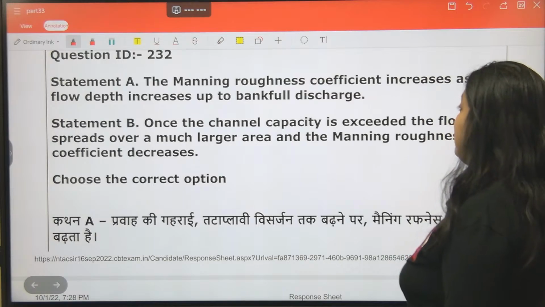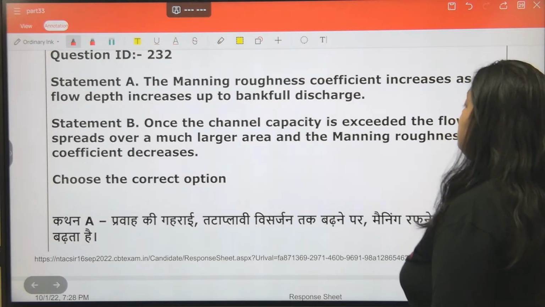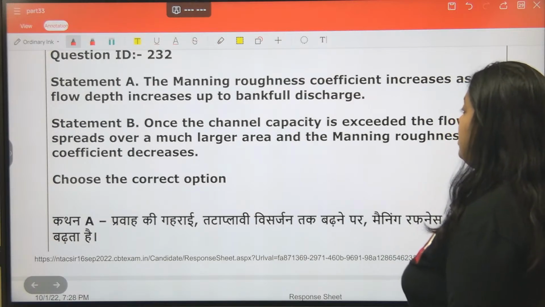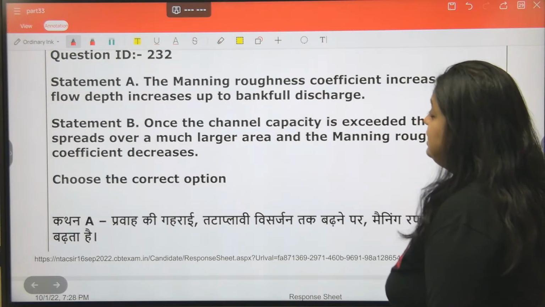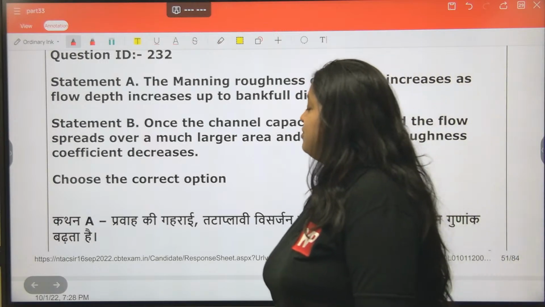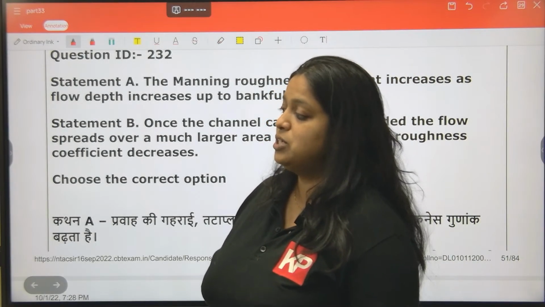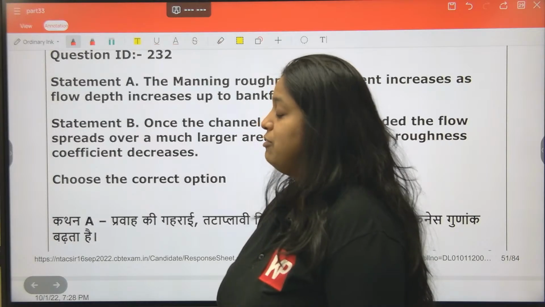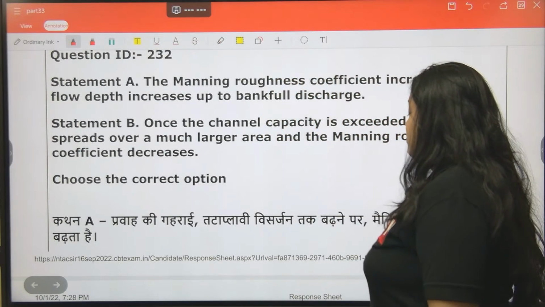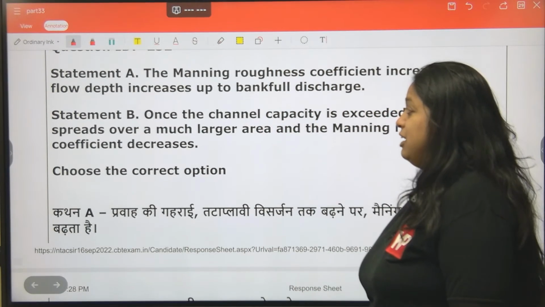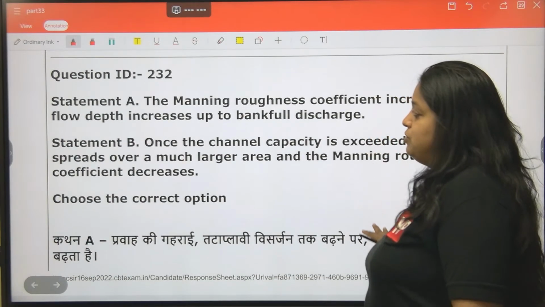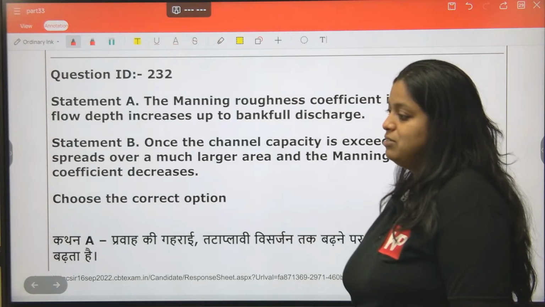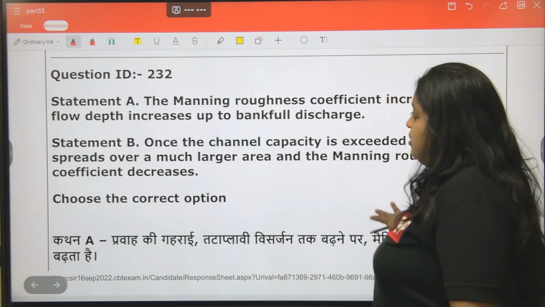Once the channel capacity is exceeded, the flow spreads over a much larger area and the Manning's roughness coefficient decreases. Manning's roughness coefficient is a dimensionless quantity. There is an equation defining it, and I have explained that in the class also. So they have given two statements about the Manning's roughness coefficient.